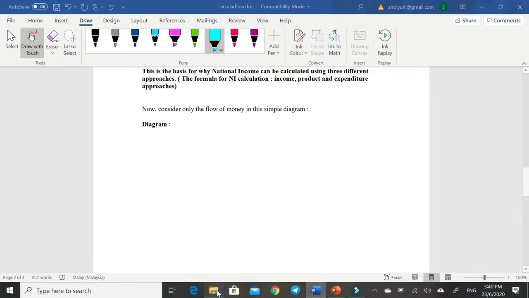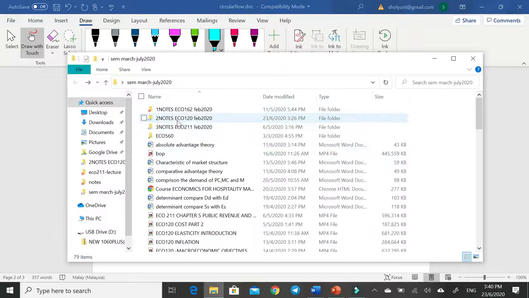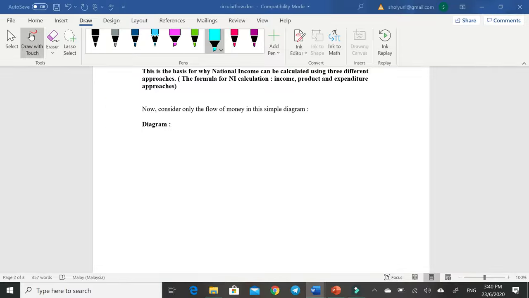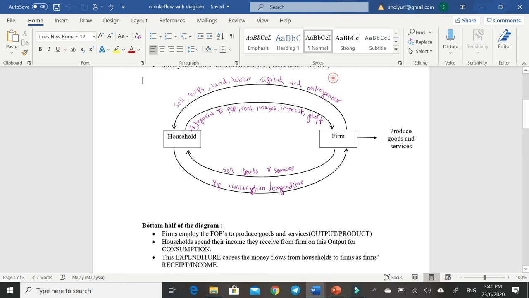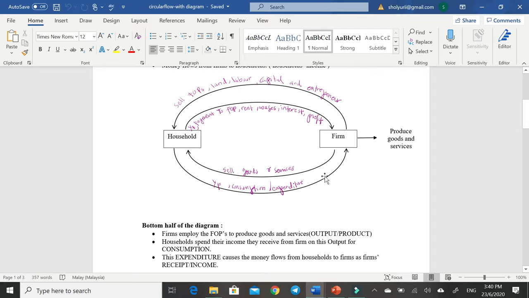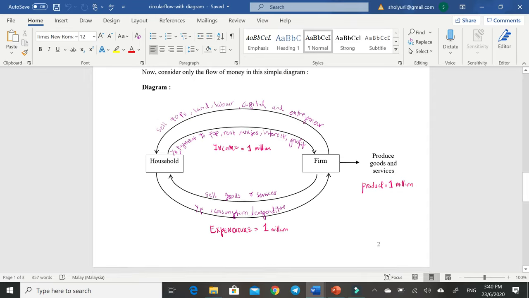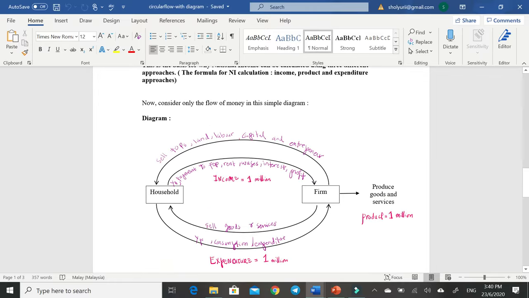I will show the one that I already draw. Okay, so this is the same one I explained before. Just the drawing is a bit nicer. So for this second page, it will have the same diagram again, same writing.